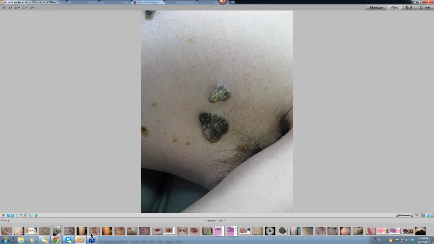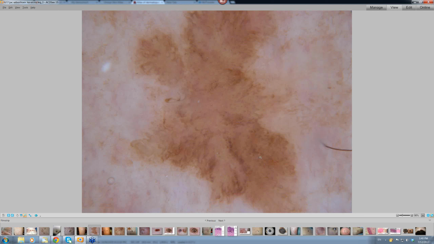And it's so easy sometimes to mistake them for an early lentigo maligna. But once you get your eye in with your dermatoscope, you should soon be able to pick the difference between the two. We'll do lentigo maligna at a different time. Thank you very much.